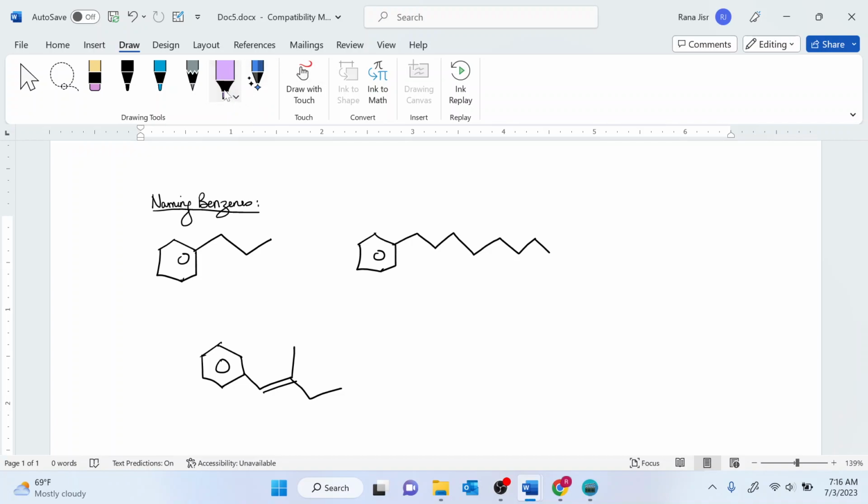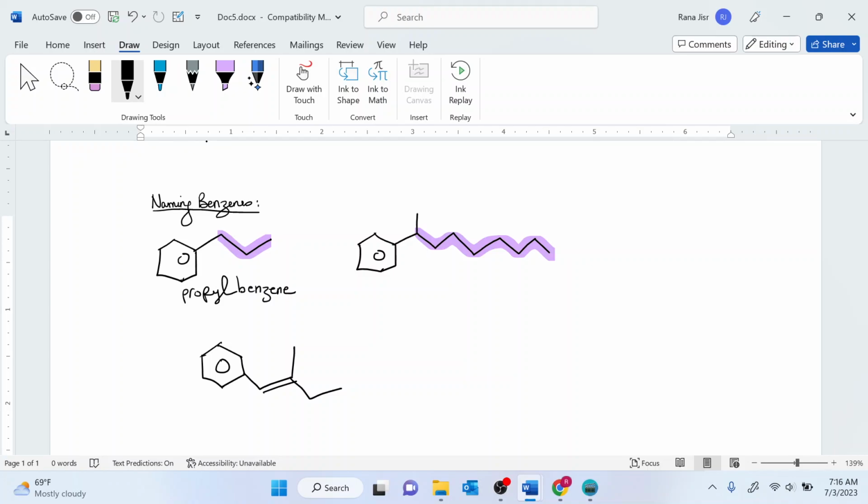If you have a hydrocarbon on the benzene, then in this case, if the number of carbons of the hydrocarbon is less than the number of carbons of the benzene, then benzene is going to be the parent name and it goes at the end. So that is going to be named now as a propyl benzene. However, if you have the number of carbons of the chain on the benzene more than the number of carbons of the benzene, then your ending needs to be in that chain.